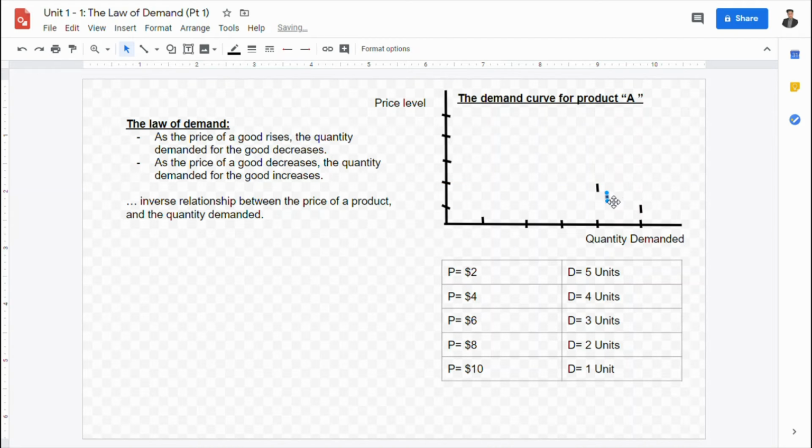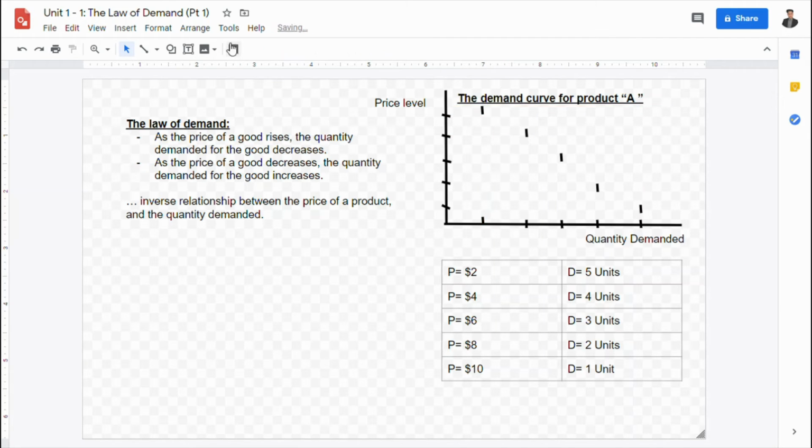As the price further rises to 6, the demand for the product falls to 3 units. As the price increases further to 8, the demand falls to 2. As the price increases to 10, the demand falls to 1 unit.